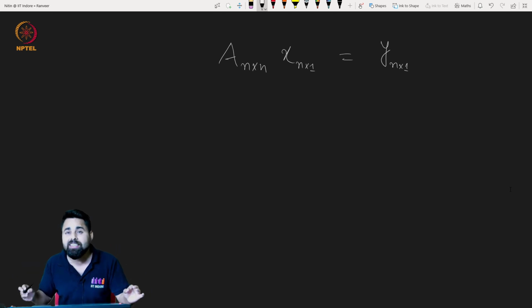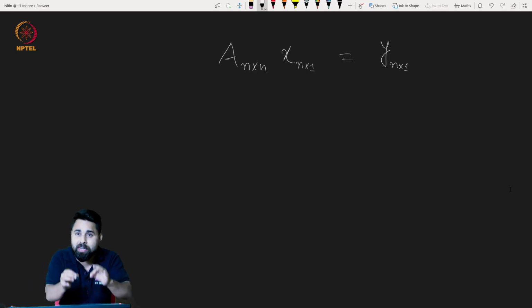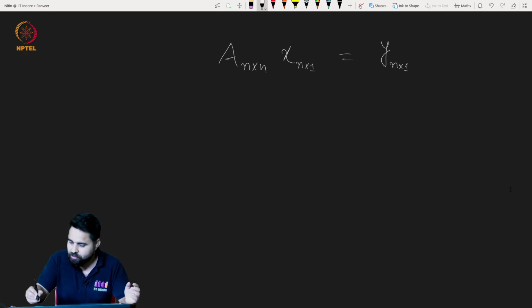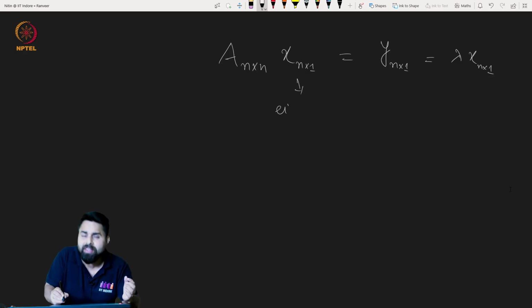So eigenvectors are those non-zero vectors such that when you multiply them with your input matrix, the output is a scaling of these vectors, something like lambda times x. When y is some lambda times x, then x is known as an eigenvector.